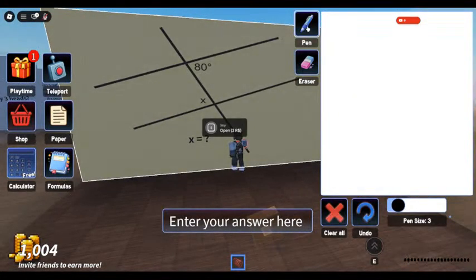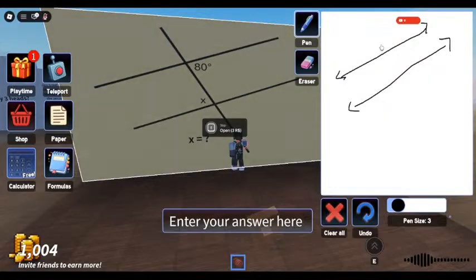So if this is a parallel line, that means these two lines, this one and this one, even if you extend them forever, they will never meet each other.